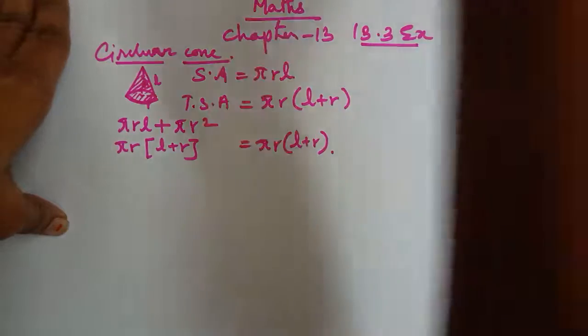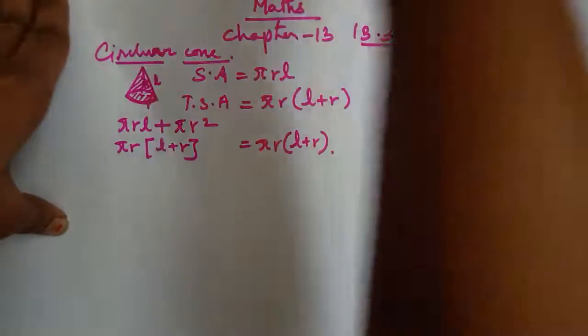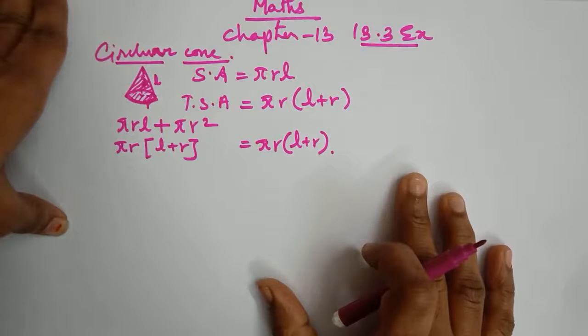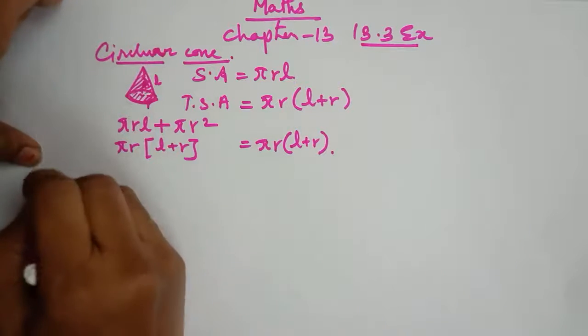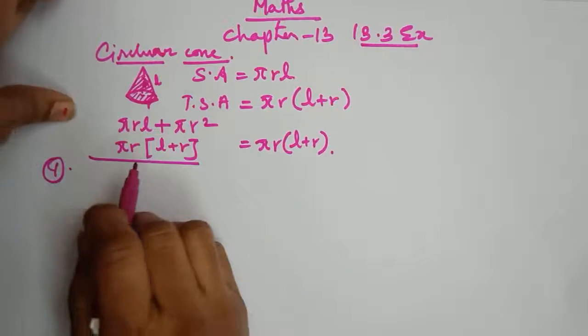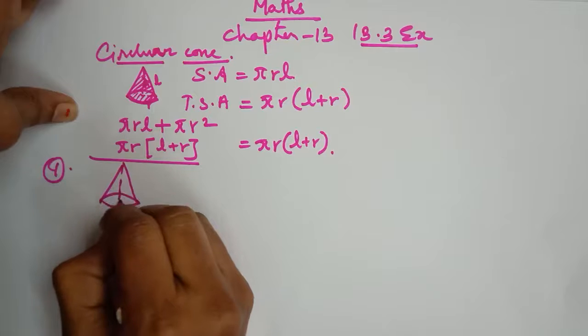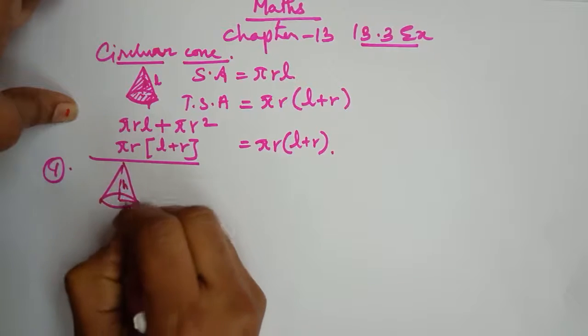Students, listen. First question, exercise 13.3, first question. Diameter of the base of a cone is 10.5 centimeter and its slant height is 10 centimeter. Find its curved surface area. Here, this is height, radius, slant height.